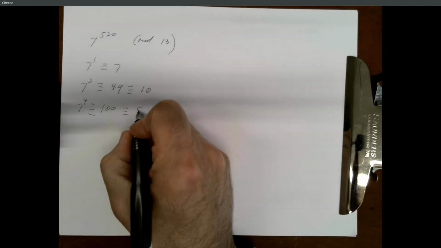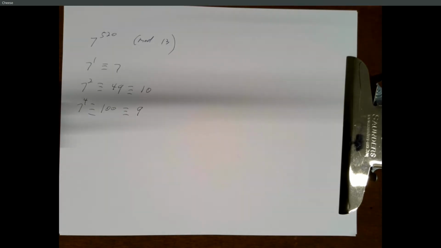And what's that when you divide it by 13? 9.